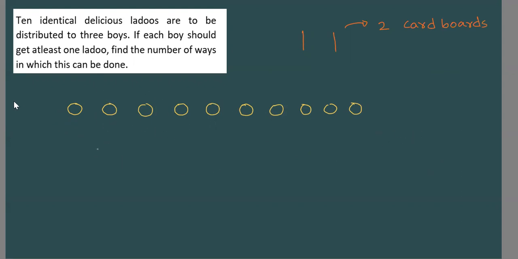So if you take a look at the number of gaps, how many gaps do I have? 9. There are 10 laddus, so in between them there are 9 gaps.